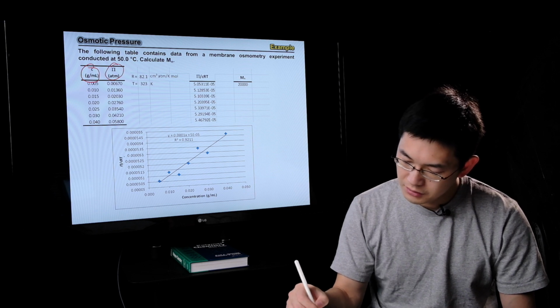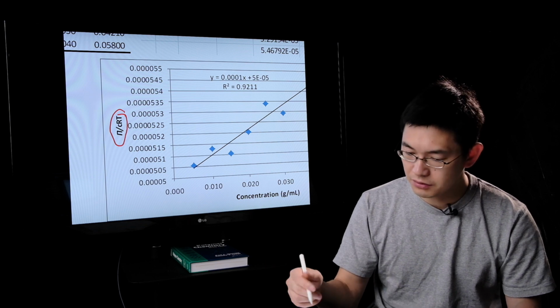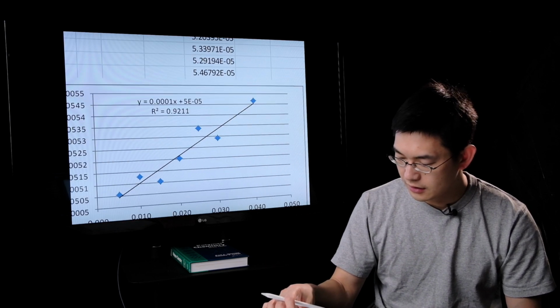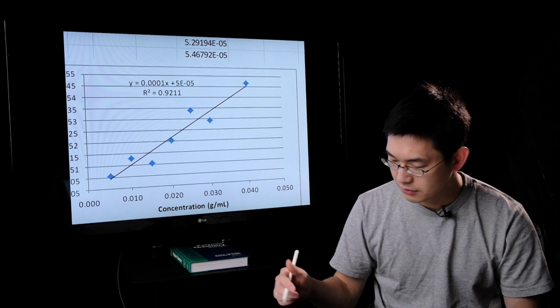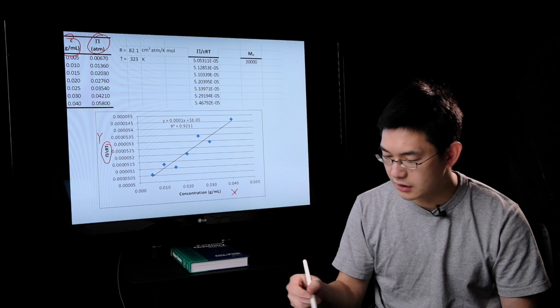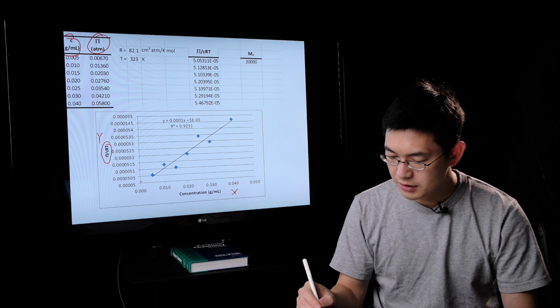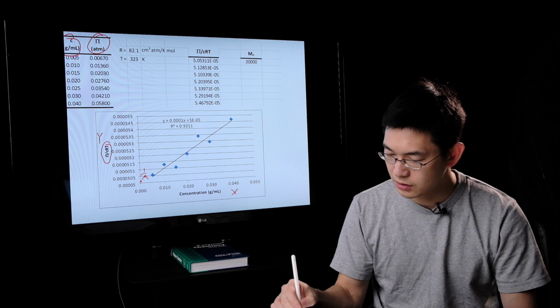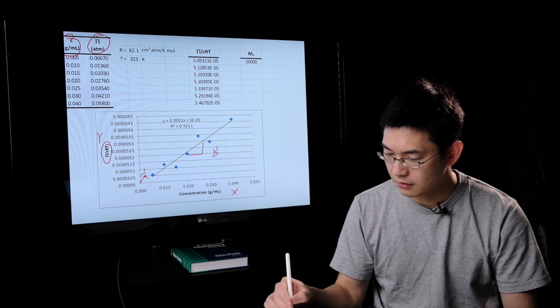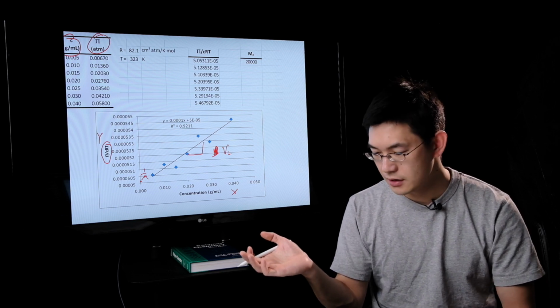Effectively, what you need to do is plot osmotic pressure divided by CRT on the y-axis, and the x-axis will be simply concentration. Using that relationship, you do a linear fit, and the intercept with the y-axis will be 1 divided by M, where M is the molecular weight, and the slope will be V2. Some textbooks call it B, the secondary coefficient, so if you see B, don't be surprised.